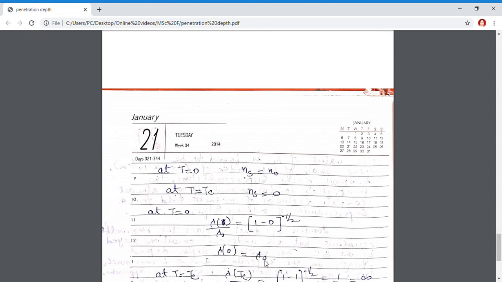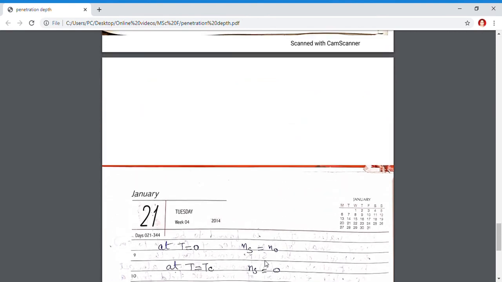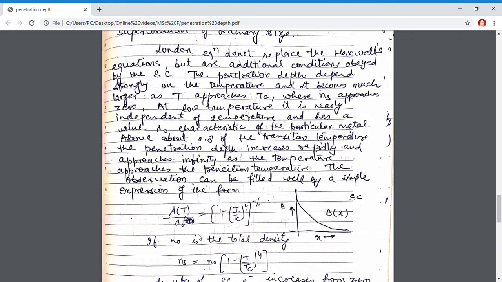Now taking the temperature T equal to Tc. Putting T equal to Tc in this, Ns will be equal to 0. That means at T equal to Tc, the density of superconducting electrons is 0. Hence all electrons will be normal. That means the material has transformed from superconductor to normal.